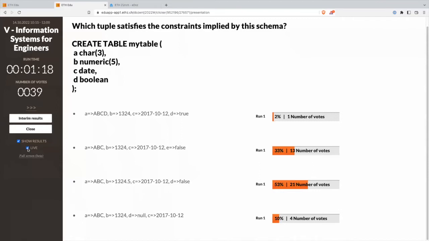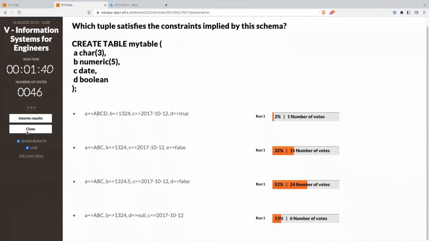Interesting. We have a majority. Is the majority correct? Something is changing. Let me give you more time. Okay, let me tell you the majority is incorrect here.